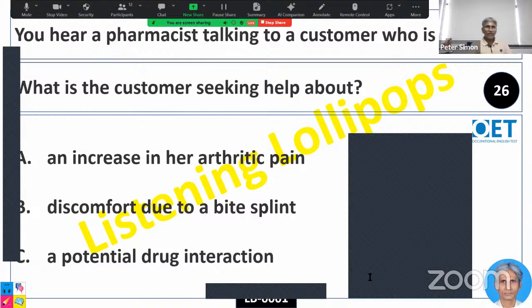So what is the most important word in the second option?